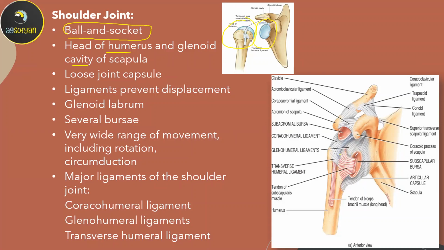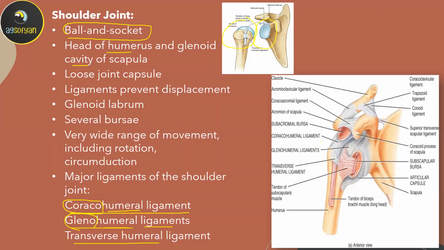And there are several ligaments that make this joint stronger. There are 3 of them: coracohumeral ligament, glenohumeral ligament, and transverse humeral ligament. So this actually tells you the positions of the ligament between the coracoid, which is part of the shoulder blade, and the humerus bone. Glenohumeral, this is between the glenoid cavity, which is part of the shoulder blade, and the humerus bone.